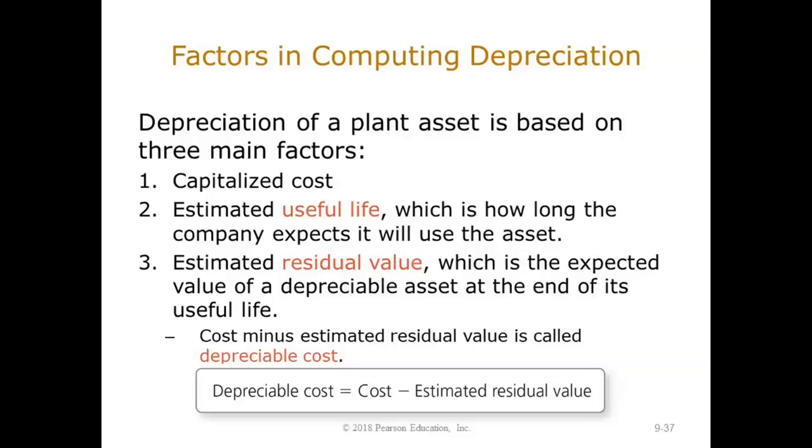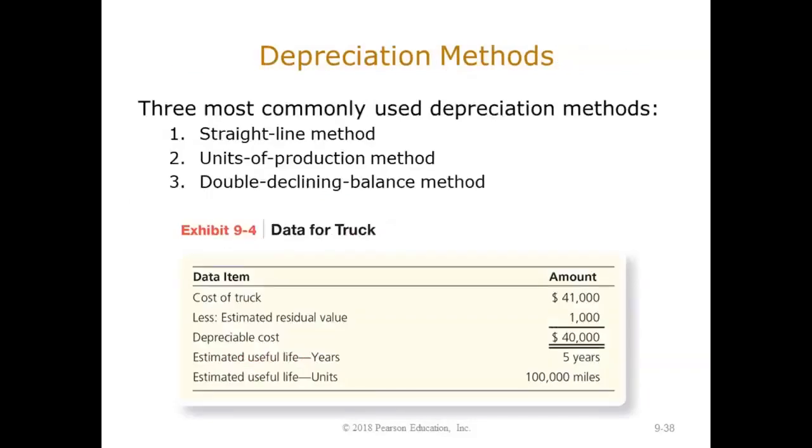Now, depreciable cost is something we're really going to be looking at when we look at the straight line and units of production depreciation methods. The double declining balance method is going to use a different thing, but we'll take a look at this. With depreciation, the three most commonly used are straight line, units of production, or double declining balance.